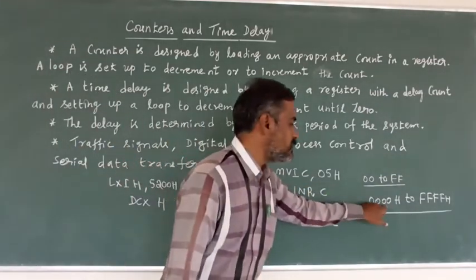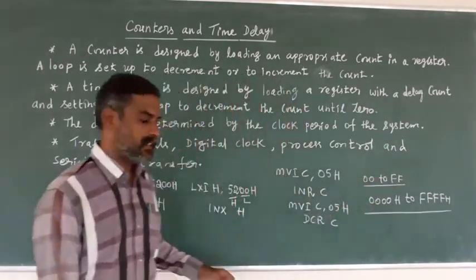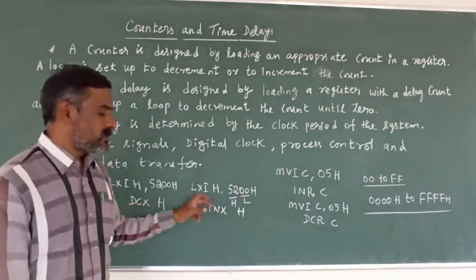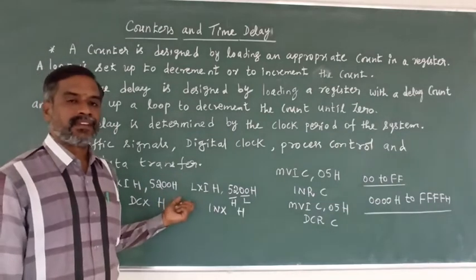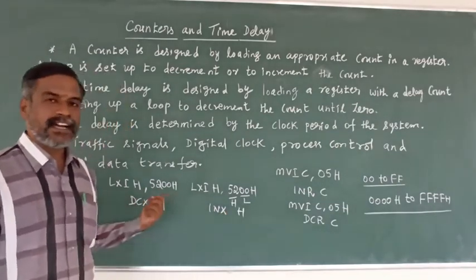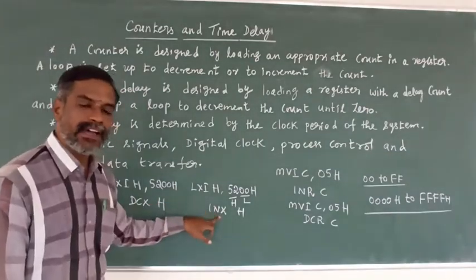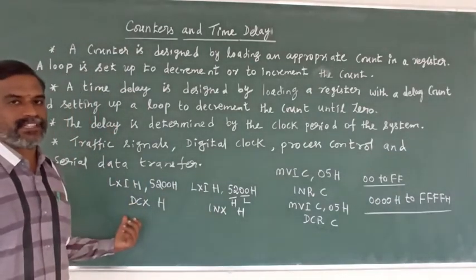Suppose the required value is 0000H, at that time we can use DCX H. Either INX H or DCX H: this is for increment and this is for decrement.